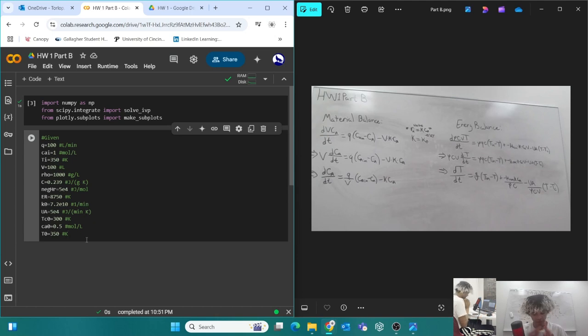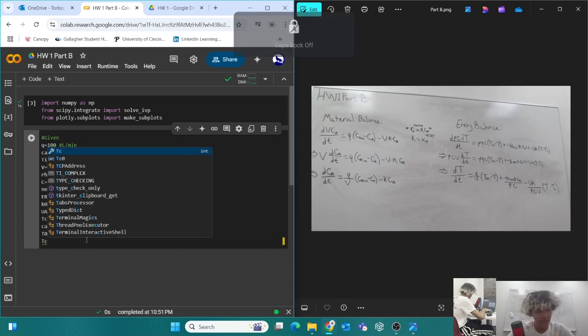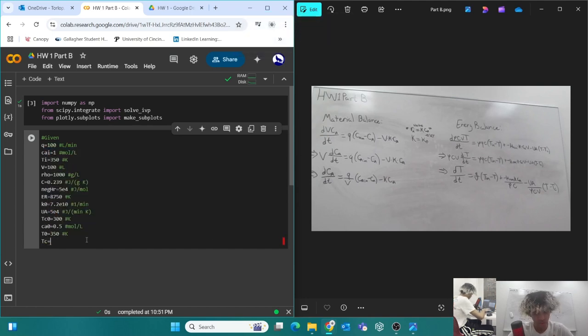Okay, so the only other thing I'm going to put in here is the coolant temperature that they want us to get to, which is 305 Kelvin. This is what this whole problem is about: we're looking at the concentration and temperature profiles for the CSTR when the coolant temperature going through the cooling jacket goes from 300 to 305, meaning you're increasing the temperature, so there's less cooling happening to the CSTR.